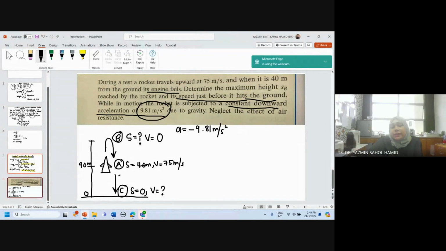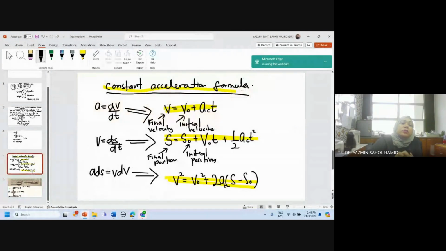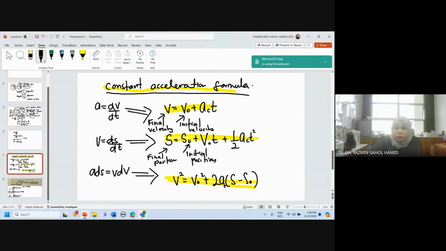Because of constant downward acceleration. Yes, that is correct. So now, which formula do you want to use? Based on the variables that you have, which formula is most suitable to use? First, second, or third? First. First, okay. Are you sure? Okay, let's try since you say first.